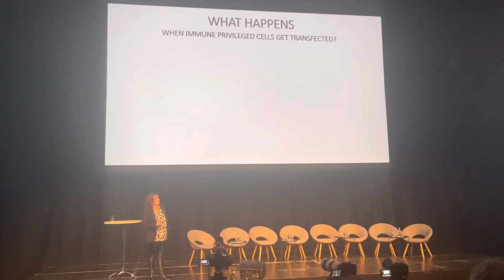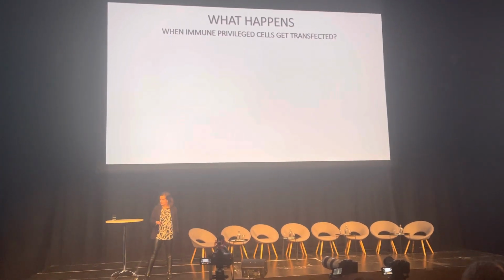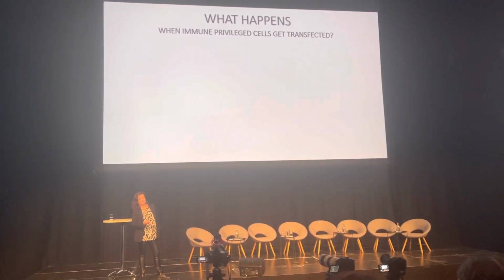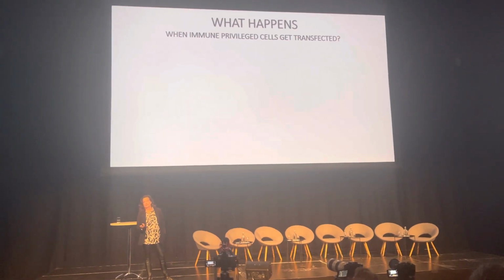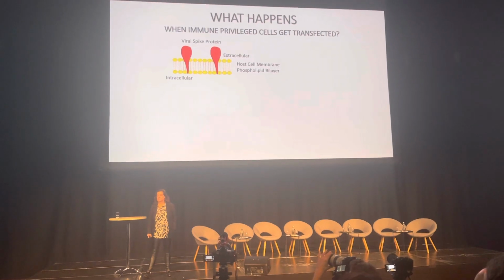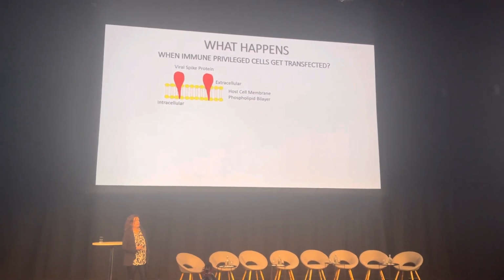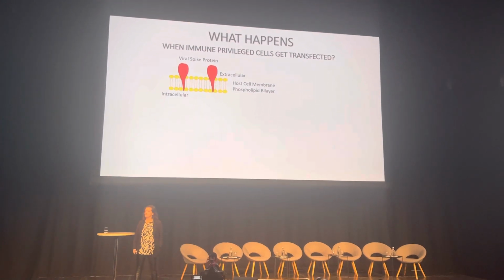So what happens if such cells get transfected and get mRNA? This is mainly the problem with the mRNA vaccines. Of course, they will express spike protein, and spike protein is designed to sit in the cell membrane.